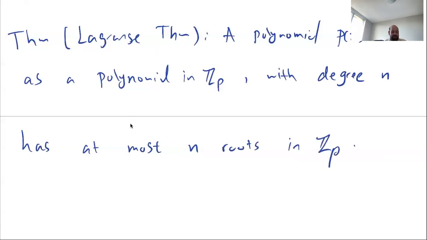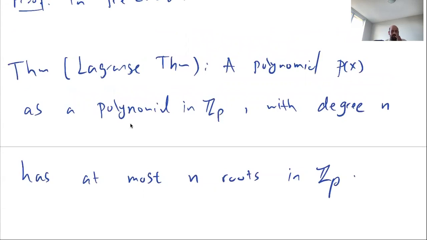Well, that's amazing. This theorem is called Lagrange's theorem; Lagrange was a famous mathematician, and there are different results named after him in different fields of mathematics.